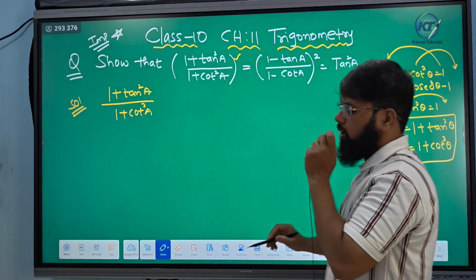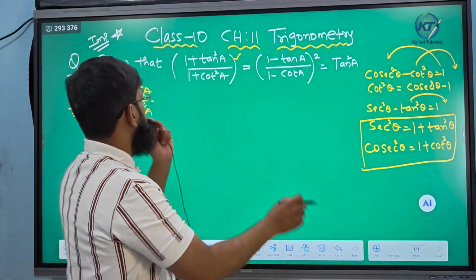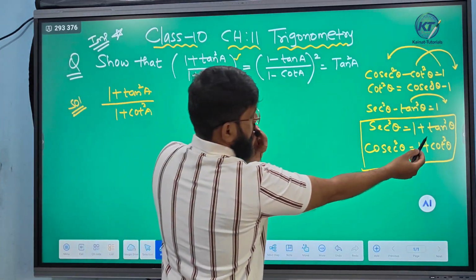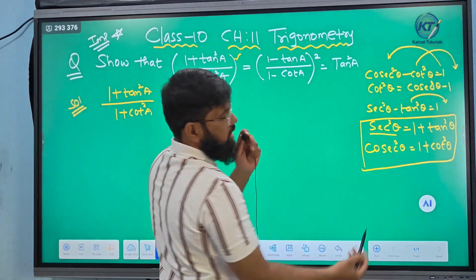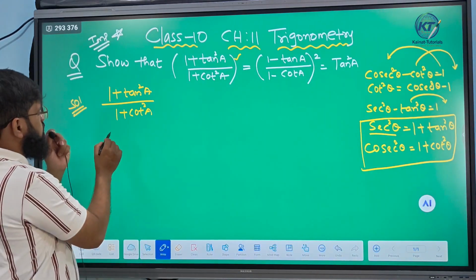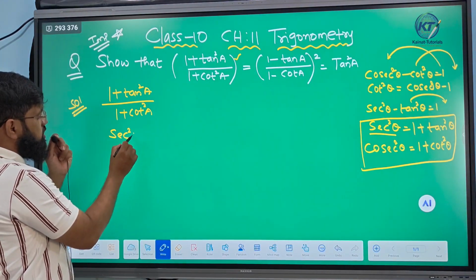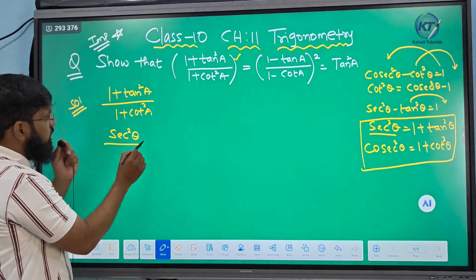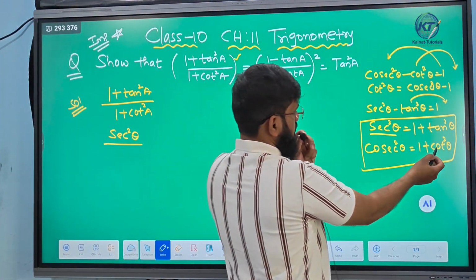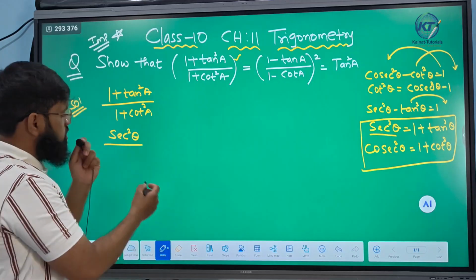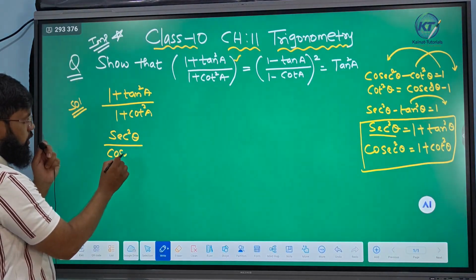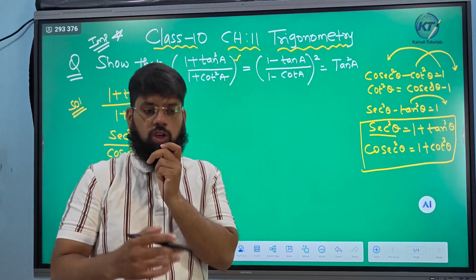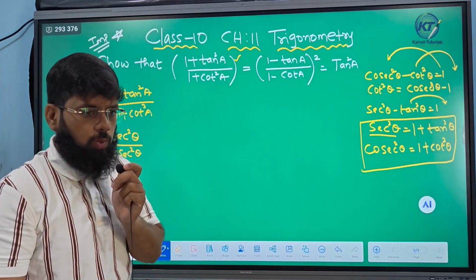Here, in the place of 1 plus tan square theta, you can write secant square theta. I wrote secant square theta because of the identity which I have explained just now. And here 1 plus cot square theta I can write as cosecant square theta. If you don't know the identity, then you cannot change this one. You will not get the idea. So identity is very important here.